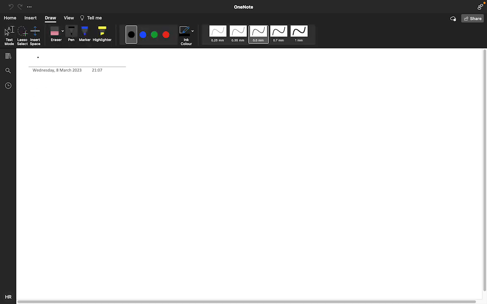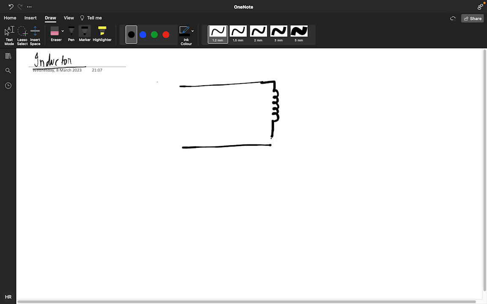So today we are discussing the inductor. This is your inductor.